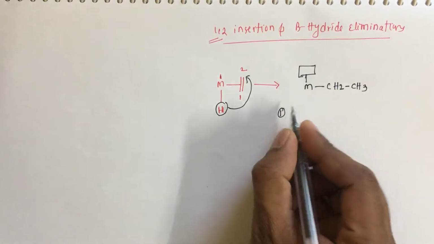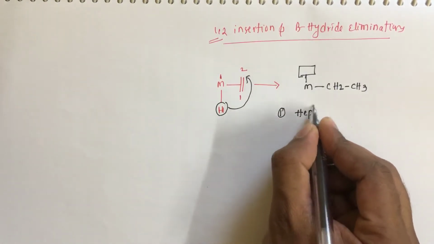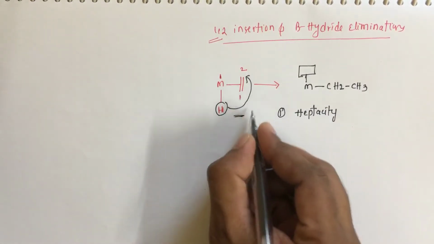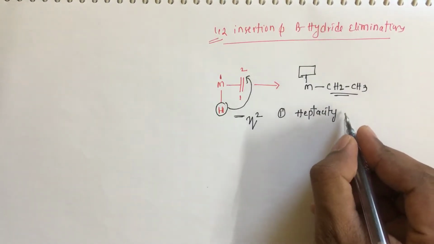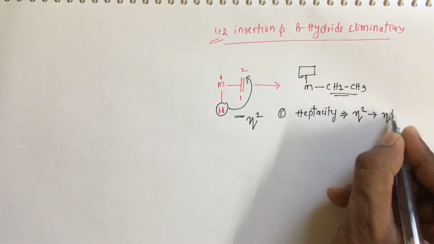The first one is the hapticity. You see here the hapticity of the olefin is η2, but here it is converted into η1. So the hapticity changes from η2 to η1.